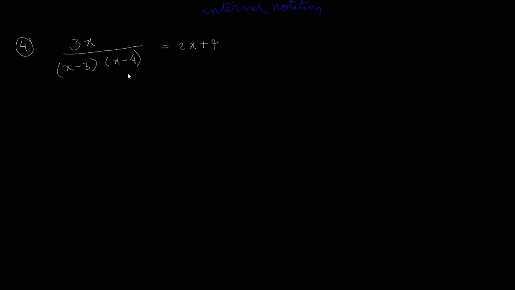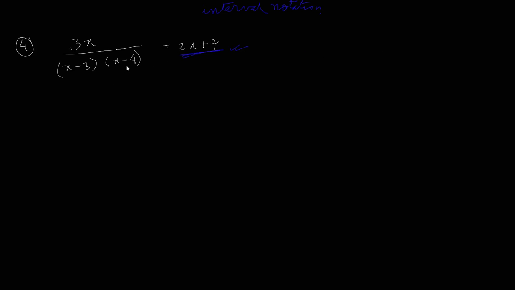So in this equation, I have only one variable, x. Our objective is to find the domain of this equation. First, let us look at the right hand side, 2x plus 9. For any value of x, I can compute 2x plus 9, so the right hand side is fine for everything.